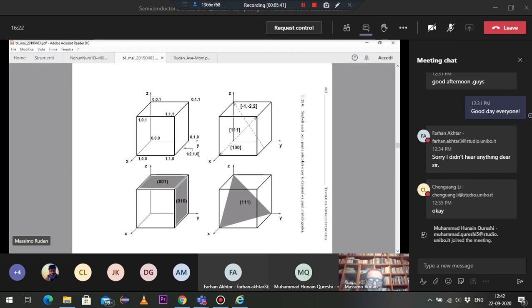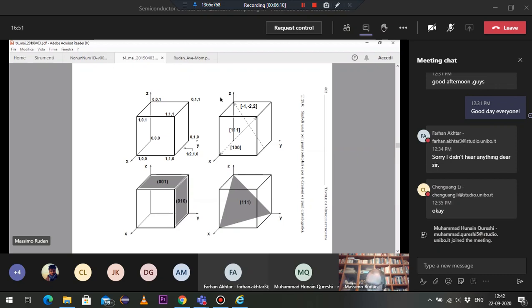Minus 1 becomes minus 2, and 1 becomes 2. So actually what you see is the triplet minus 1, minus 2, and 2. And this describes a crystal direction that is parallel to the original one. But of course, all crystal directions parallel to each other are equivalent. So this is the end of the story. You use this triplet of numbers.